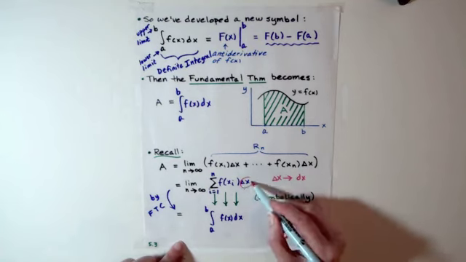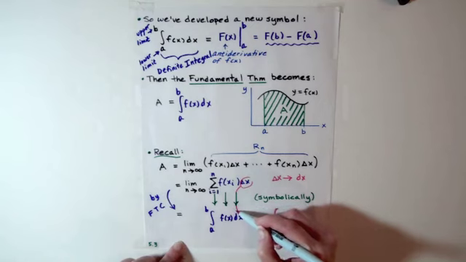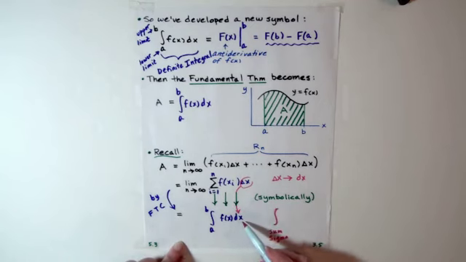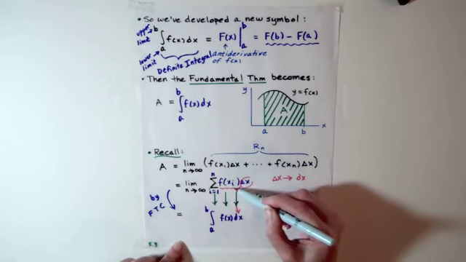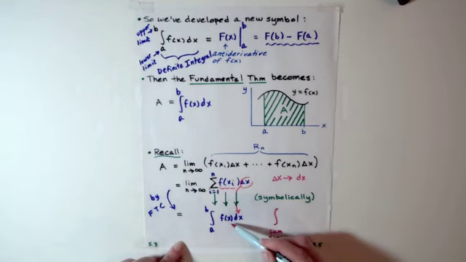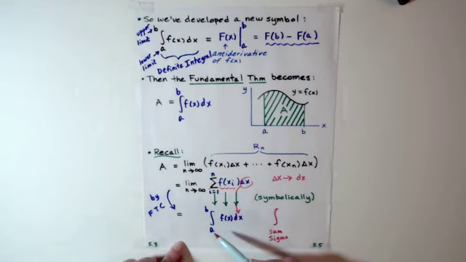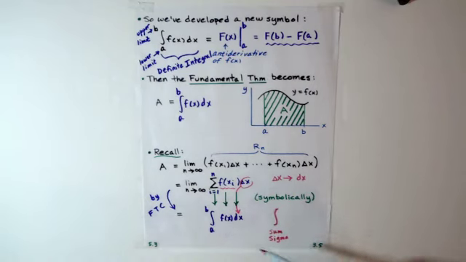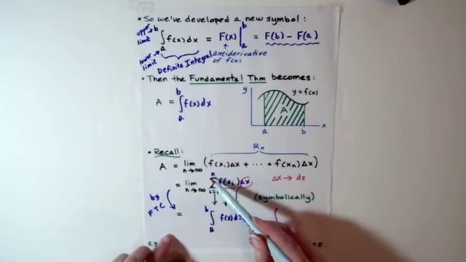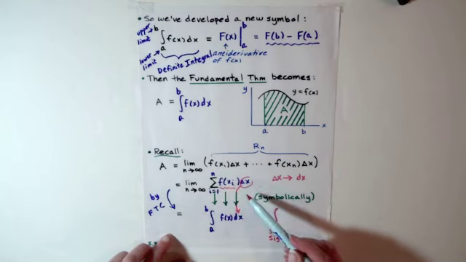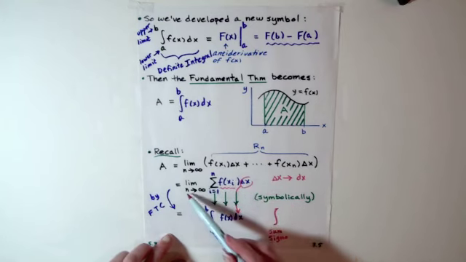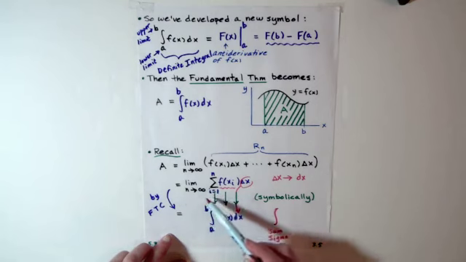So this delta x here in the limit becomes a dx symbolically, and this f of xi that's right here becomes f of x. So the definite integral from a to b of f of x dx represents symbolically this idea of doing a sum of a discrete number of n rectangles areas, but it's what happens as you let those number of rectangles go to infinity.